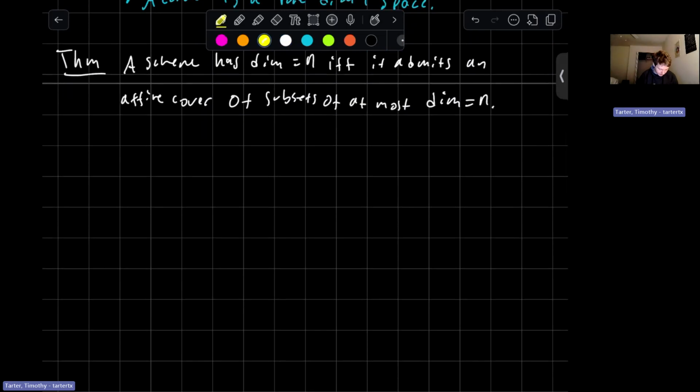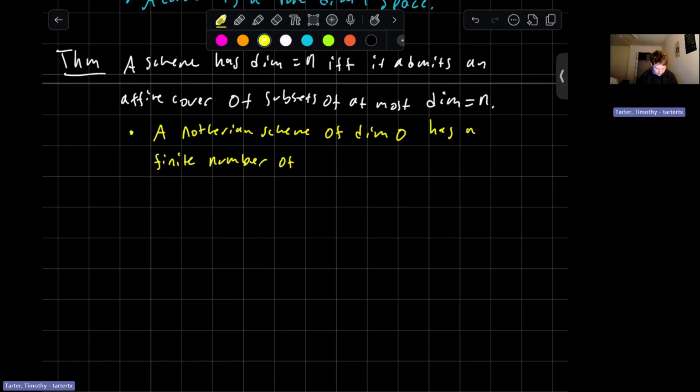Okay, so examples of this: a Noetherian scheme of dimension 0 has a finite number of points.